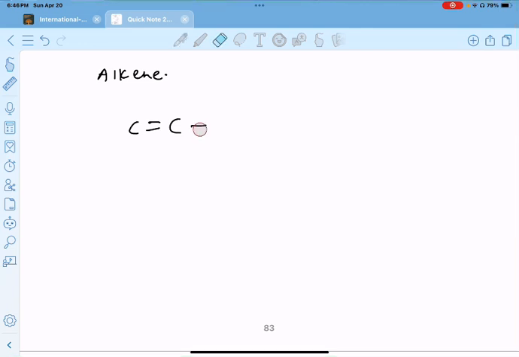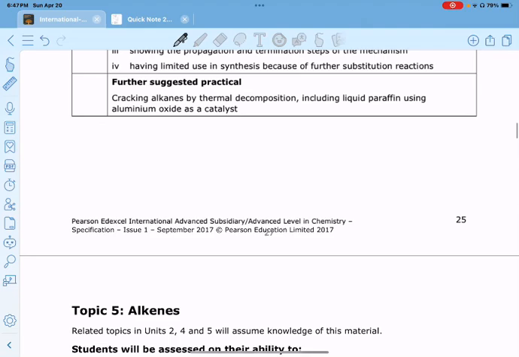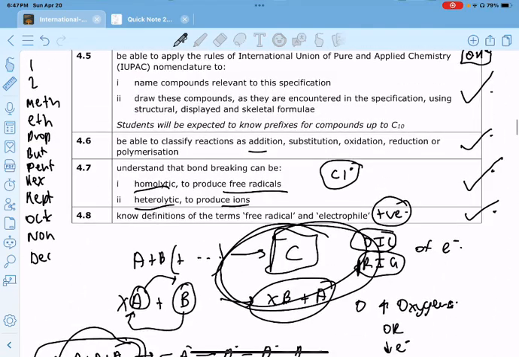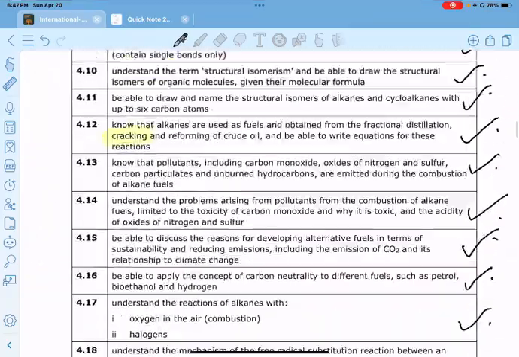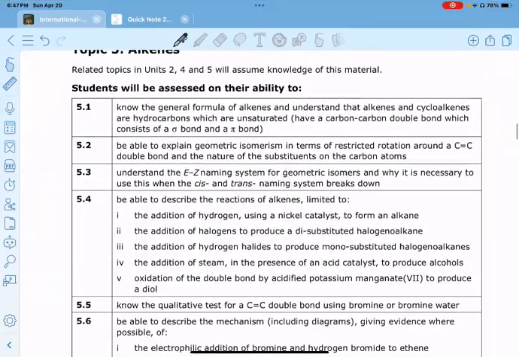So, for example, the simplest alkene is ethene. We can use these prefixes and then add "ene" as the suffix to form alkenes. That is what an alkene is, that's how it looks.